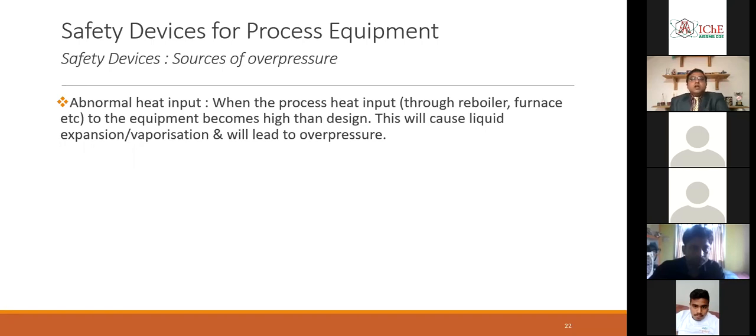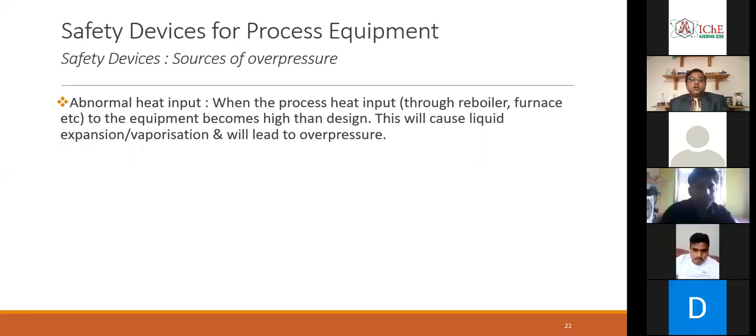Maybe I have recently cleaned the exchanger, and my heat transfer was not designed for this low resistance within the exchanger. The steam temperature becomes high suddenly because of some abnormal operation upstream, and I am getting a very high input of heat. So at that time, because of that high heat, again the liquid will expand, get vaporized, cause overpressure, and I need a safety valve for that.